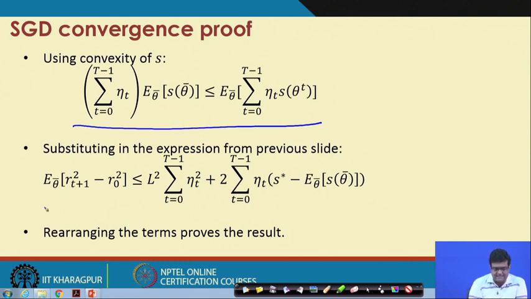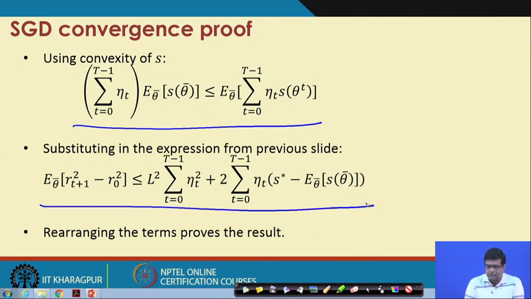So substituting this in the expression in the previous slide, we have the following inequality.